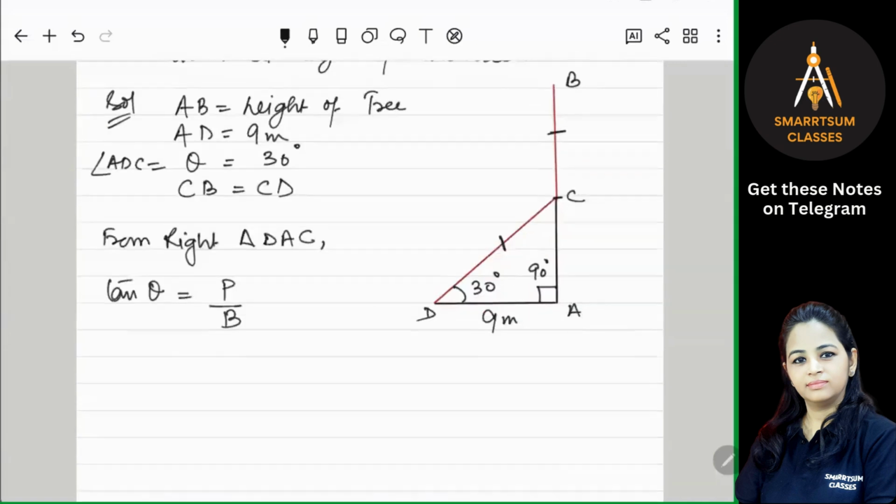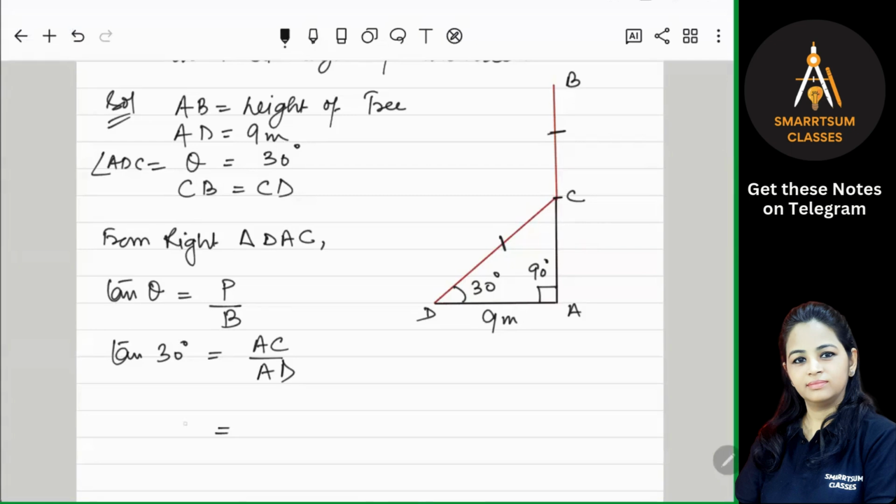Now what is perpendicular here? Perpendicular is AC, and base is AD. So write down AC upon AD. Getting that?